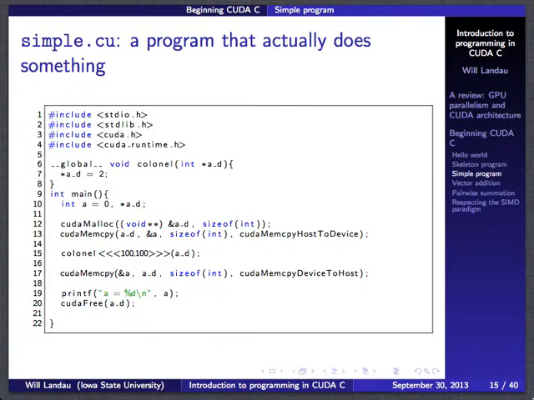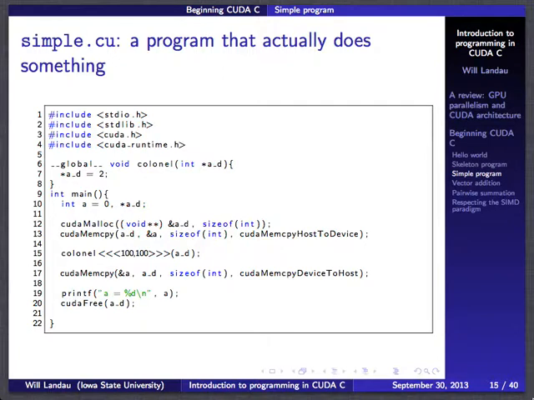So there's this program, my first real program. It's called simple.cu, and it's online. I'll tell you where that is later. All it does is it takes a variable that has the value 0, and it uses a kernel to change that value to 2.